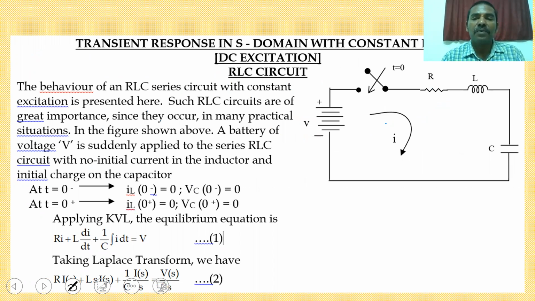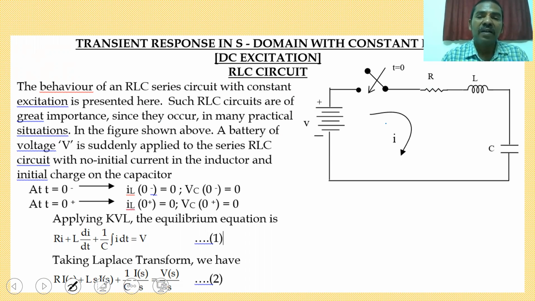A current will flow through the circuit after the switch is closed at t is equal to 0. The initial conditions: I of 0 minus, inductor current is 0, capacitor voltage is also 0. So at t is equal to 0 plus, the inductor never takes instantaneous current and the capacitor never takes instantaneous voltage. So IL of 0 plus is 0, VC of 0 plus is also 0.